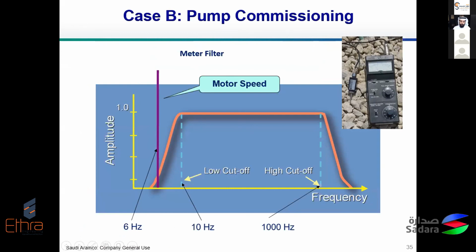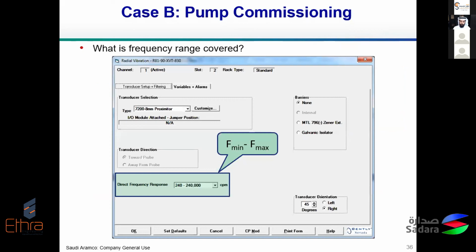So again, this is related to the configuration and capability of your system. Make sure when you put in an instrument, it is configured and able to detect the vibration of interest. So this is the configuration screen where you can see the minimum frequency and maximum frequency.